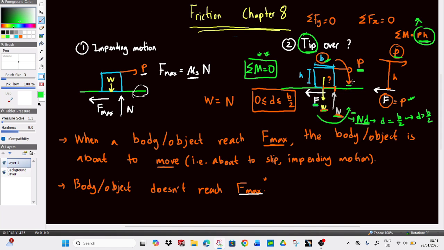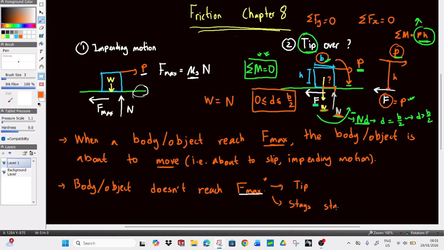Of course, the third case is where the box itself doesn't move at all, and I think that's pretty self-explanatory. The third case, actually I forgot to highlight, the box doesn't move. When the body doesn't reach F max, it either could tip or it just stays stationary. That's the best way to put it.